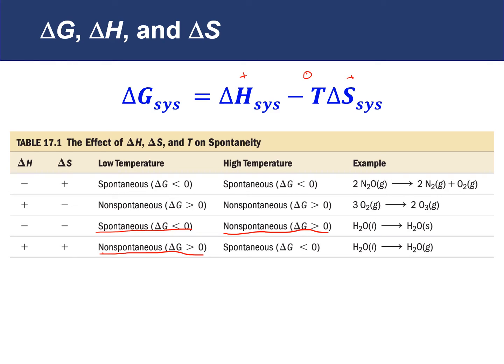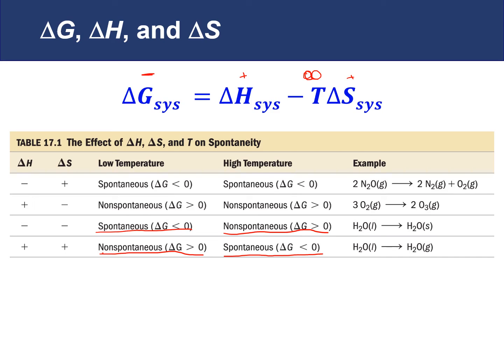If we look at infinite temperature, we would have a positive number minus infinity times a positive number, so that would be subtracting infinity. So whatever the positive value is, if you subtract infinity from it, you're going to get negative infinity, right? So our delta G would be a negative number at high temperature, and therefore it would be spontaneous.